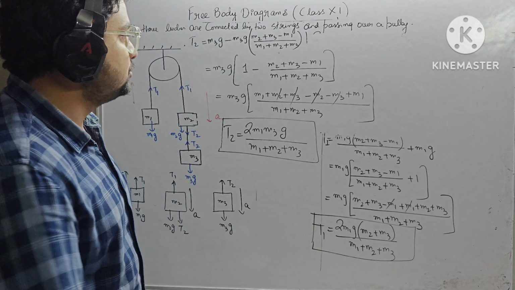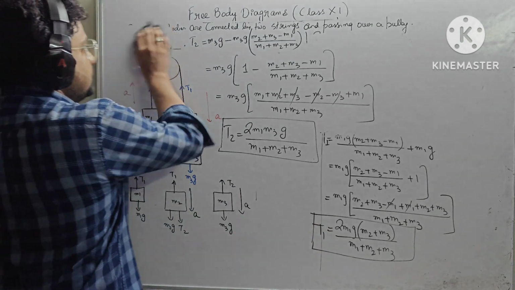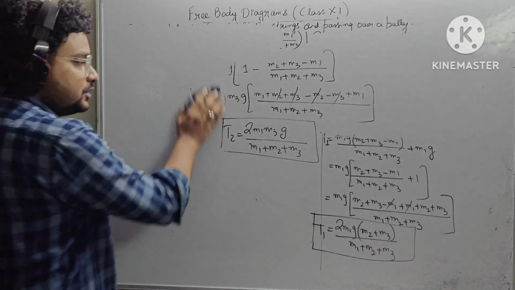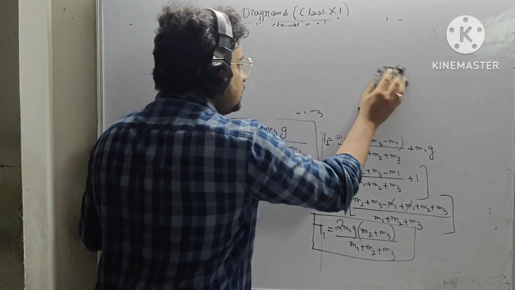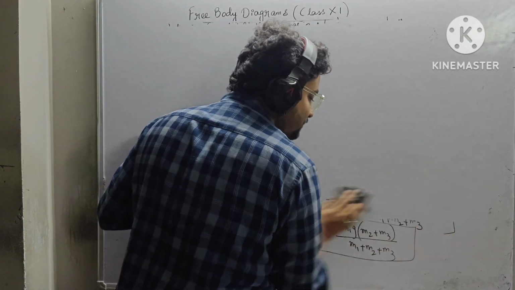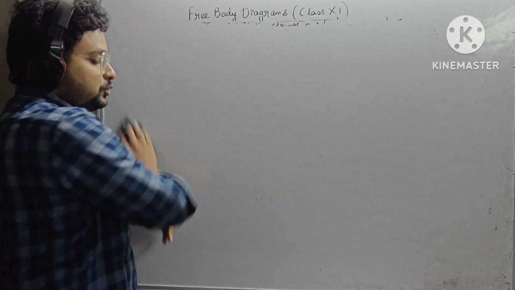One more thing we are going to do now: if 2 bodies are connected with a string which is passing over a pulley, but the 2 bodies are placed on a table.